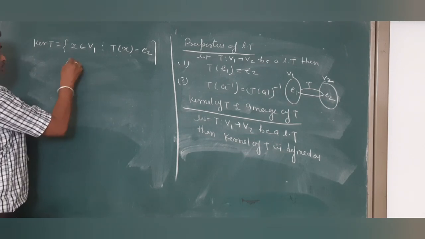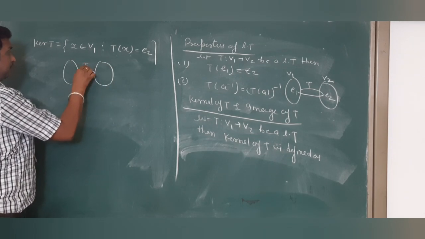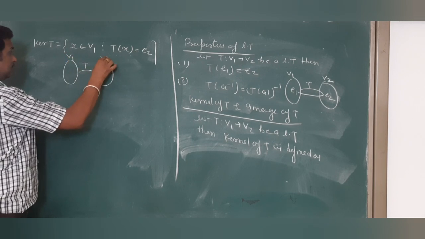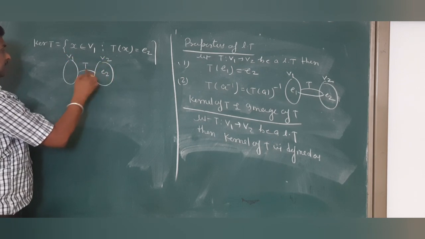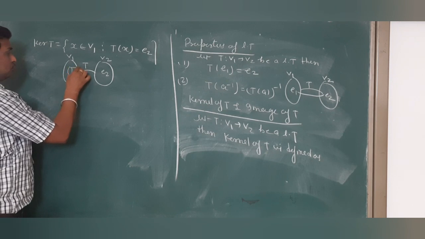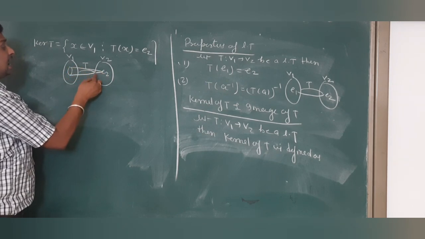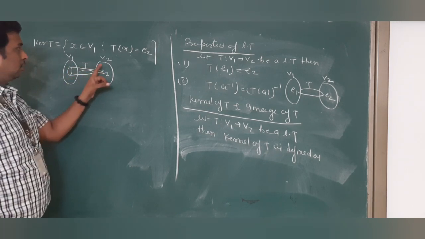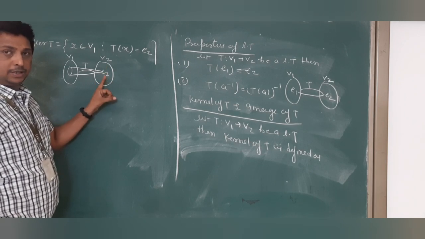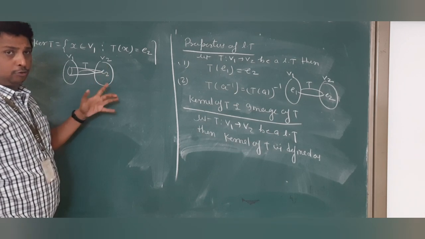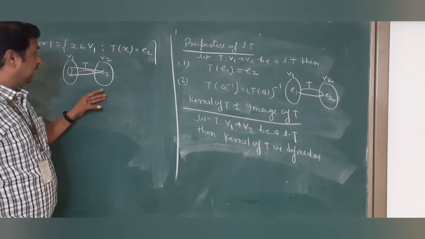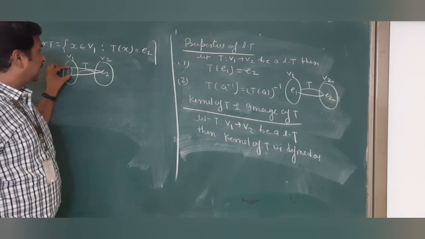It means those elements of V1, where the identity of V2 is there, whose image is the identity of V2. This is very important in so many ways. I will explain later. But how do we calculate kernel?